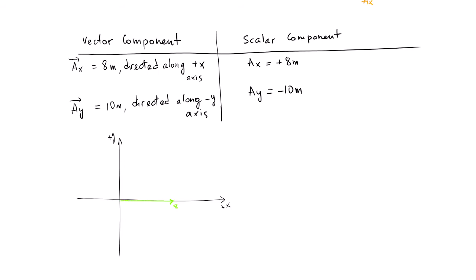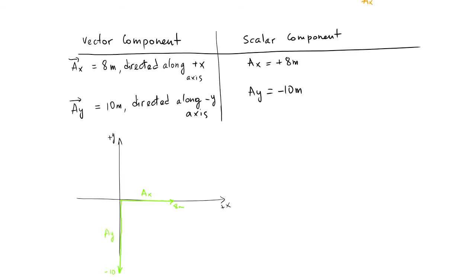Let's say here's 8 meters. So this would be my ax, and then ay is negative 10, and I would draw this directed downwards. Suppose that here we have the negative 10 position, so this would be my ay.